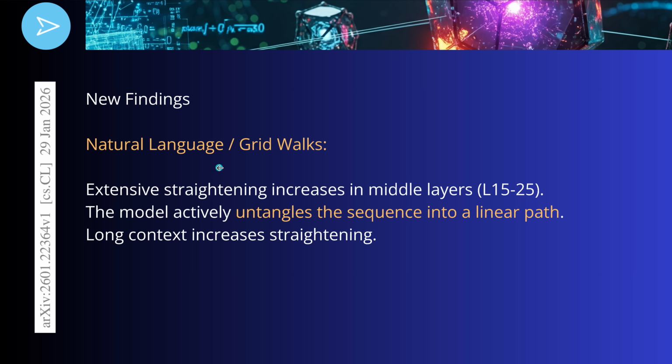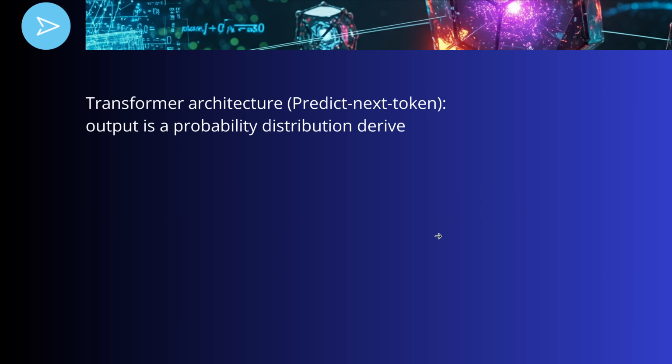The finding of this study by Google is that if we have natural language in general, or a simple grid walk structure in our logic, an extensive straightening is happening in the middle layers of our transformer architecture, from layer 15 to layer 25. So the model actively untangles the sequence into a linear path representation, and long context increases the straightening of our human sentence.